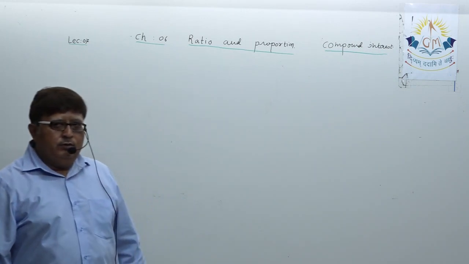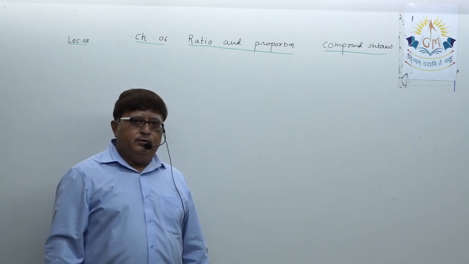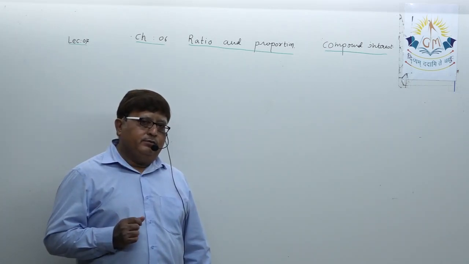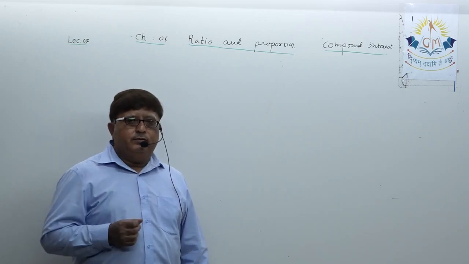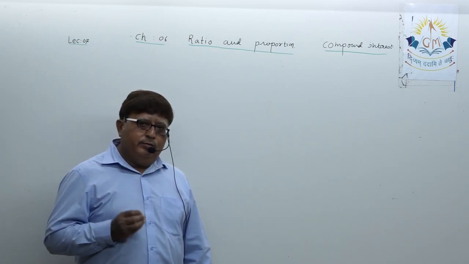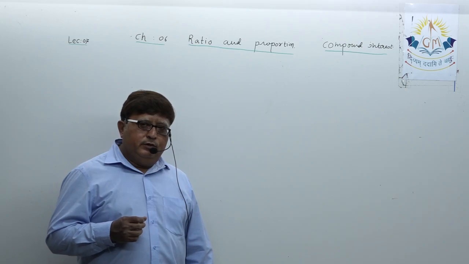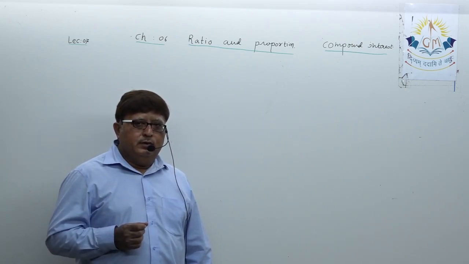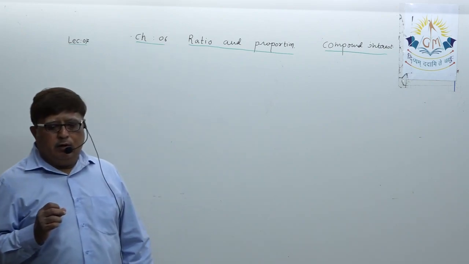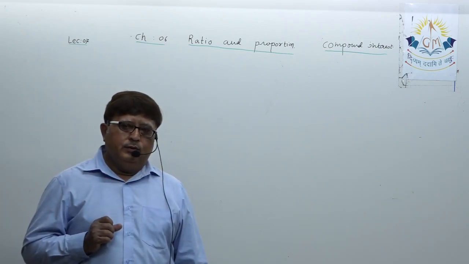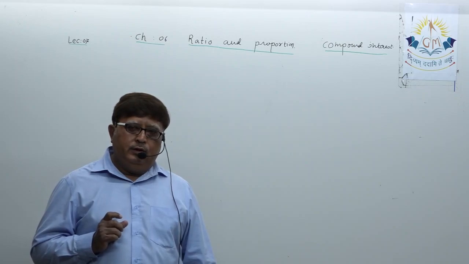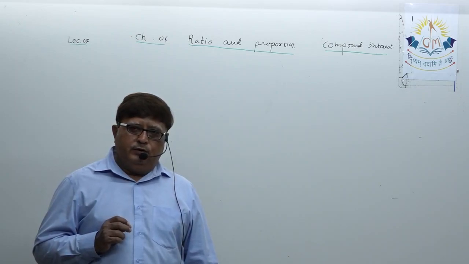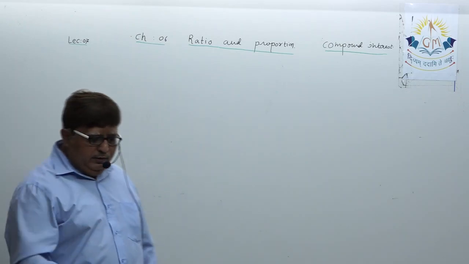I want to mention one very important fact. What is that? You should remember this. Compound interest can be counted annually, half yearly, or quarterly.